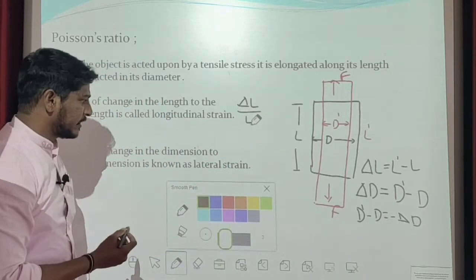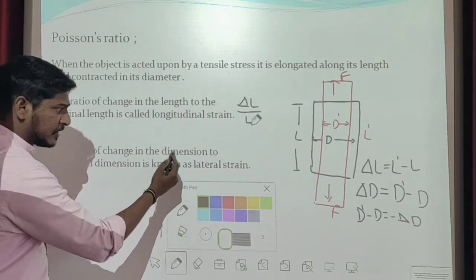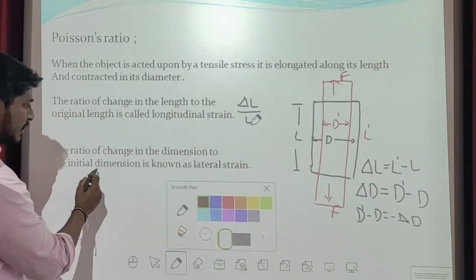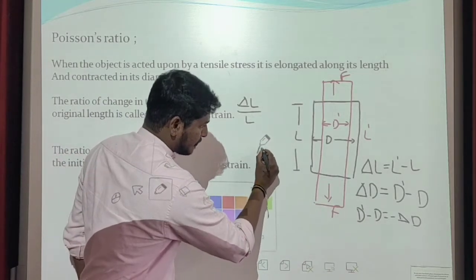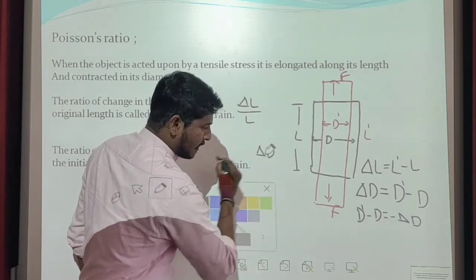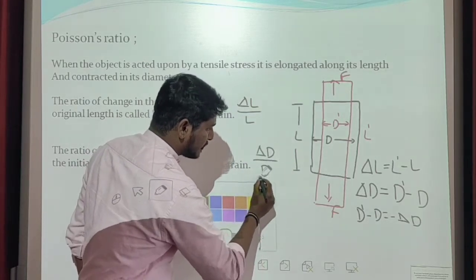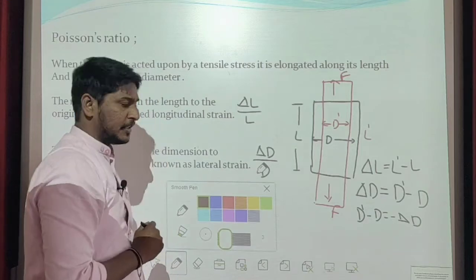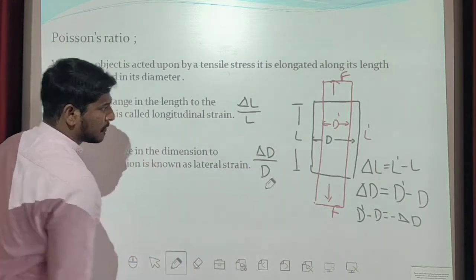Similarly, lateral strain is defined as the ratio of change in dimension to the initial dimension. That is, change in dimension is delta D and original dimension is capital D. This gives lateral strain.